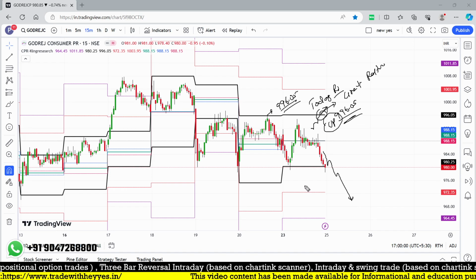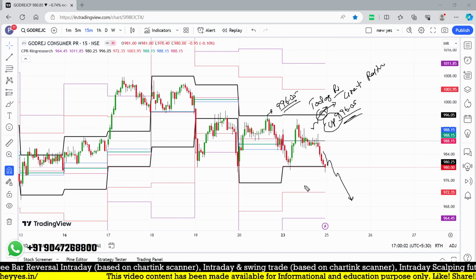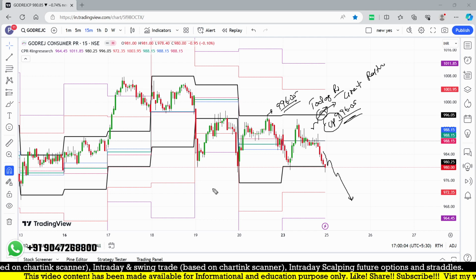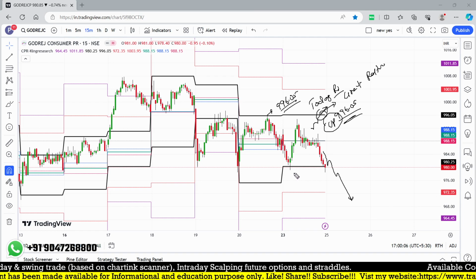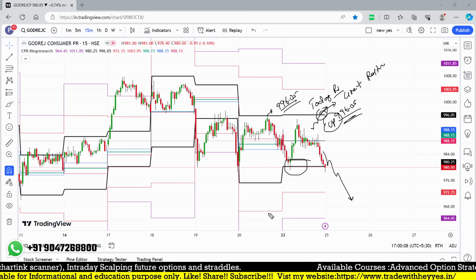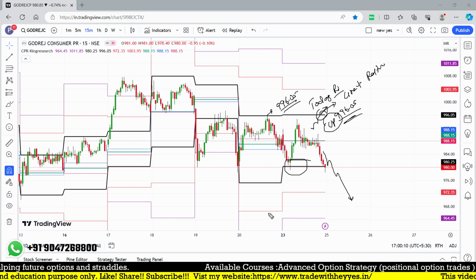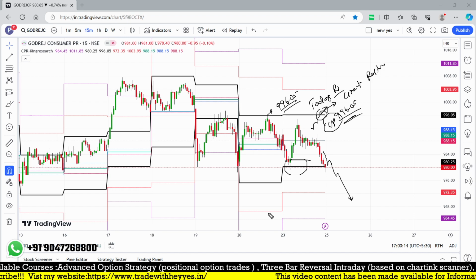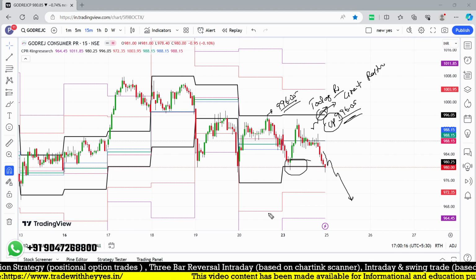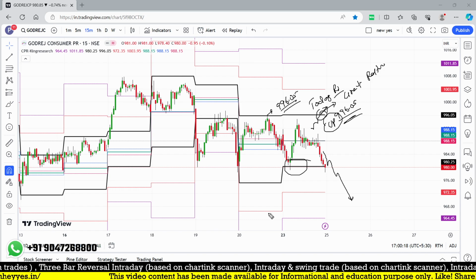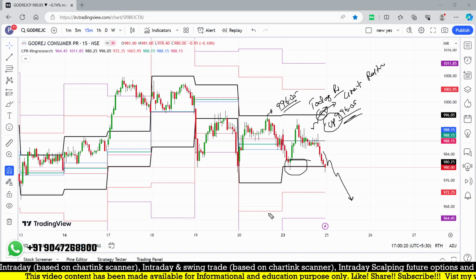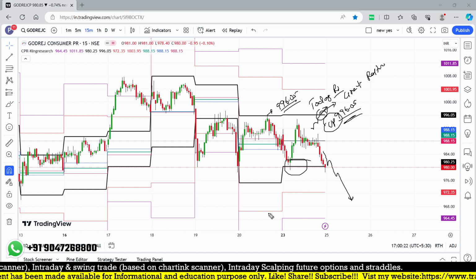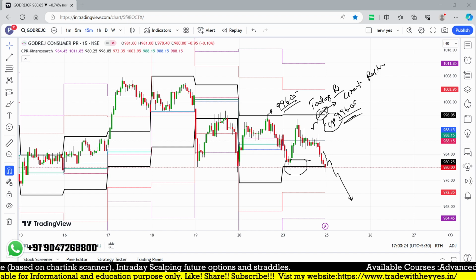Mostly, if the previous day high is equal to the CPR R1, the low will similarly be equal to S1. But that is different. We are going to find only R1 equal to previous day high with this scanner.